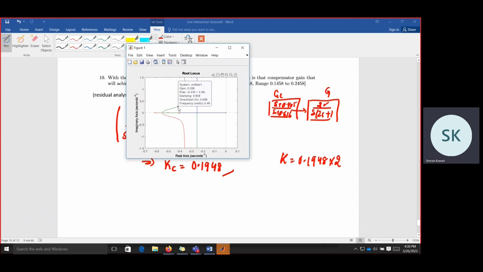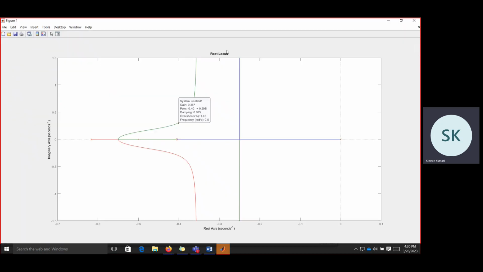So at approximately 0.39, the pole is, like at this gain, minus 0.401 plus 0.298i. So approximately 0.4 plus 0.3i. So this is what we are getting from the root locus.